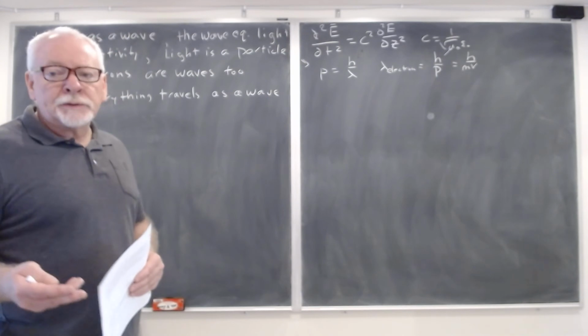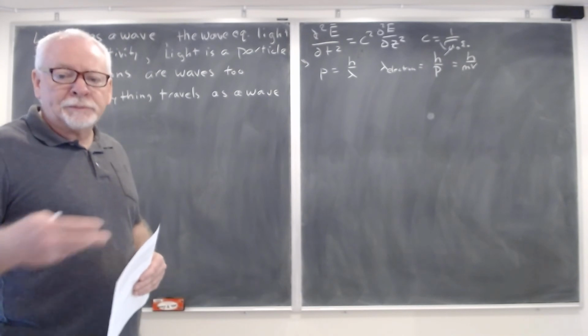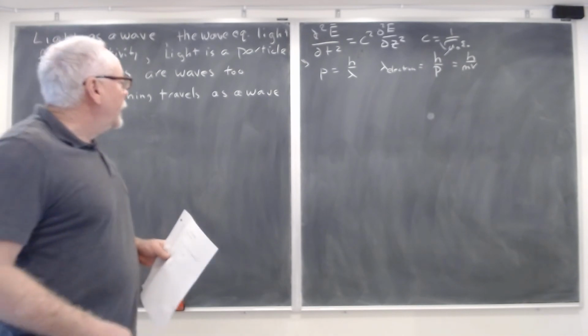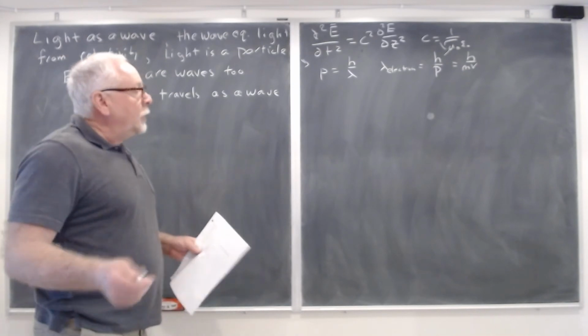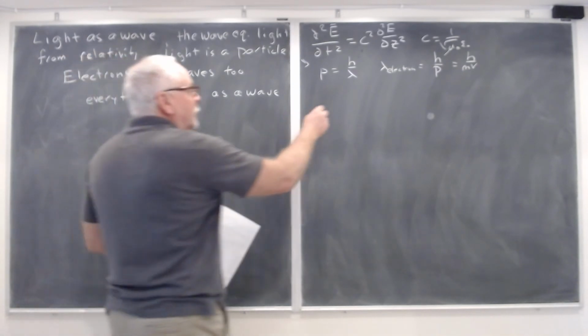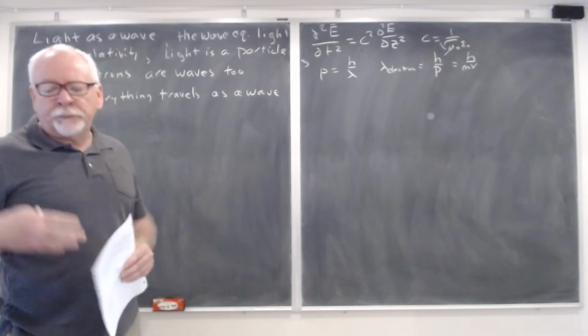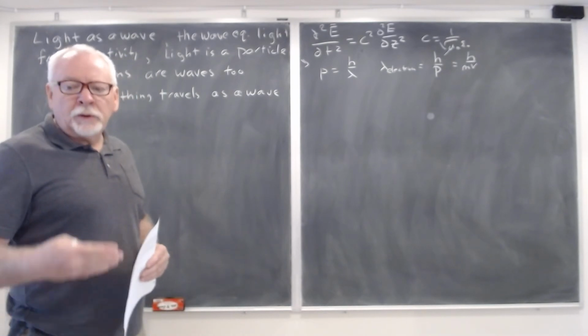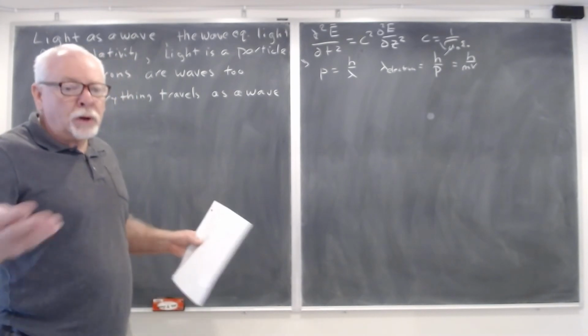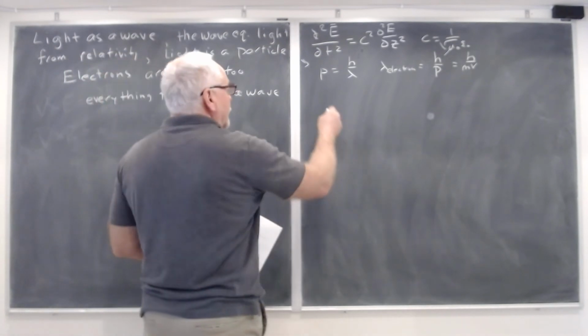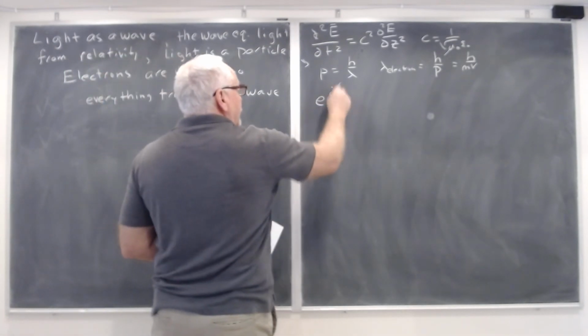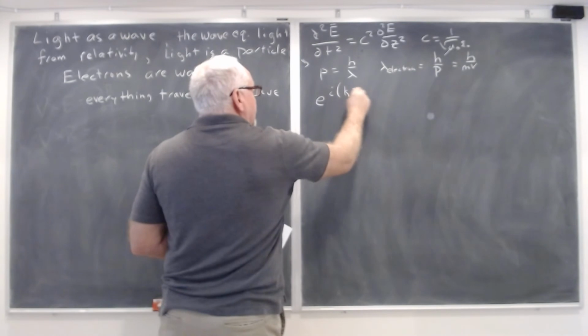When it interacts with anything, it behaves as a particle. Now, what's important here is that whether it's a light wave, or an electron wave, or a water wave for that matter, or a sound wave, it propagates as e to the i(kz minus omega t).